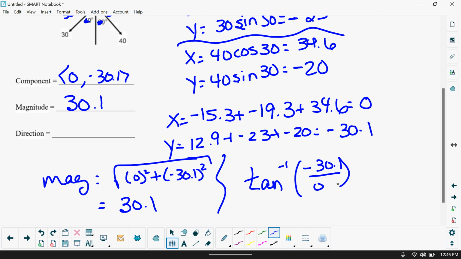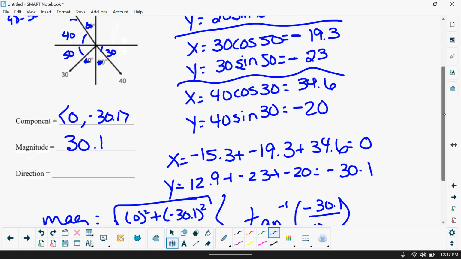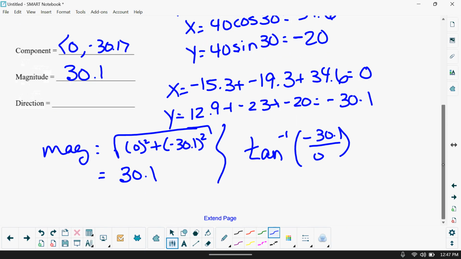Okay, inverse tangent. Okay, dividing by 0. Let's just do it right here. If I were to graph this, so 0 and then y is negative, that puts me right there. And this is going to be 270. So that's going to be my answer.